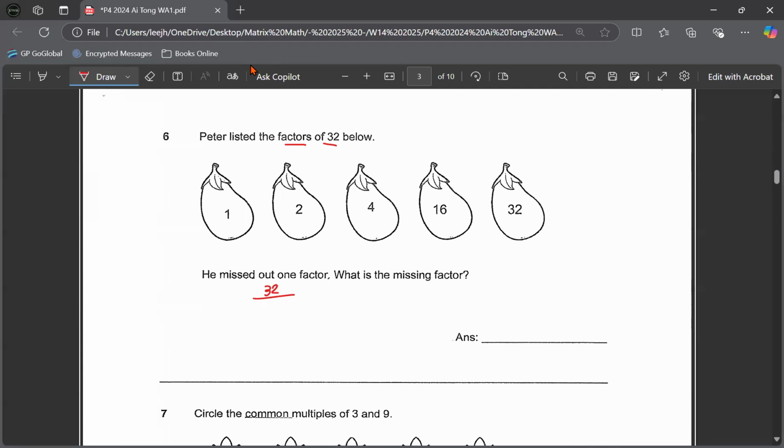If in case you don't already know. So factors is 1 and 32. Then it will be 2 and 16. Okay, 3 don't have. So it will be 4 and 8. So if you look at these numbers, which number here is actually missing? Your answer is 8. Okay, so this is the missing factor.